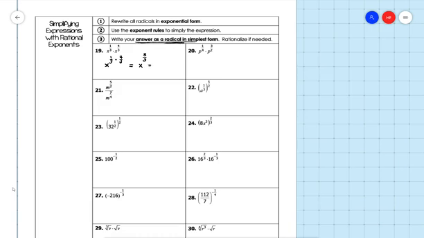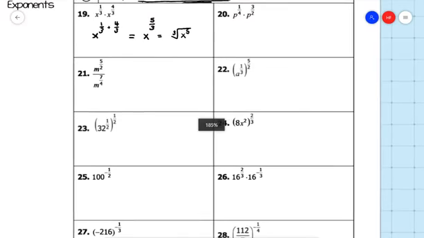So then this would equal the cube root of x to the 5th power. So then on number 21, we've got a fraction with our exponents. And so what we do when we've got a fraction with the same base is we subtract those.